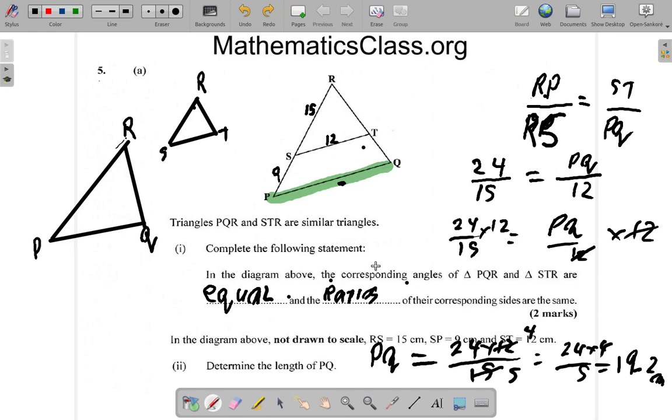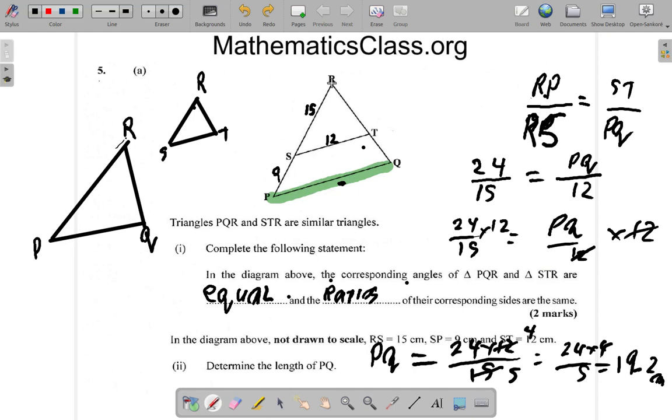So, quick review. RS is 15, SP is 9, ST is 12. You must find PQ. Remember, it's ratio. Sides of the big triangle over the small triangle are all the same. The ratio of the small over big is the same too, but we're doing big over small for this video.